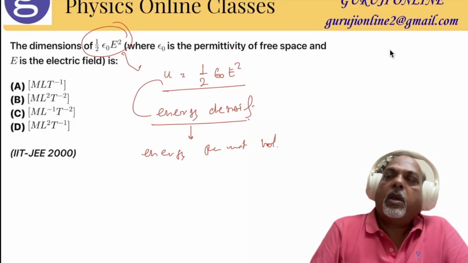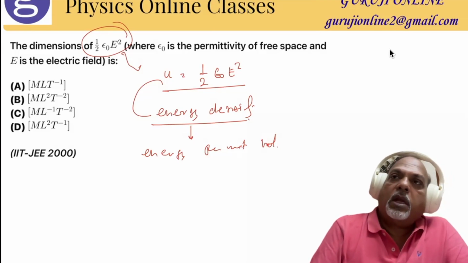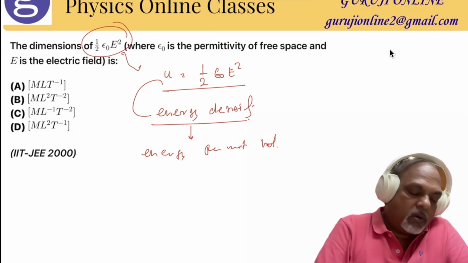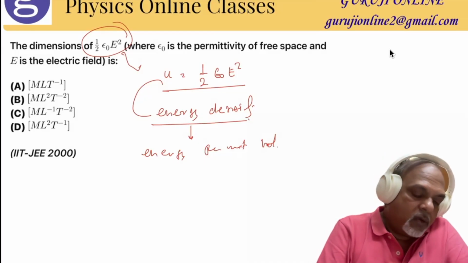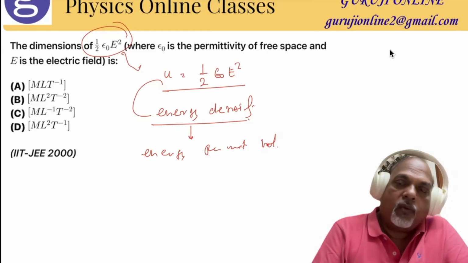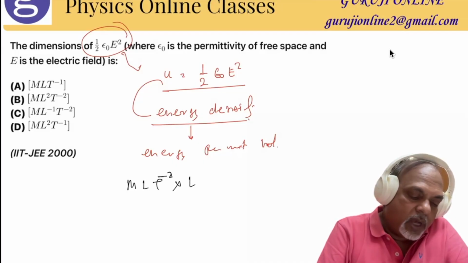Correct? If you know this much, you can answer this, because the dimension of energy is what? Energy is work done. Work is F into r. What is F? Force. Force is M into A, which is M L T minus 2, into L. This is your energy.